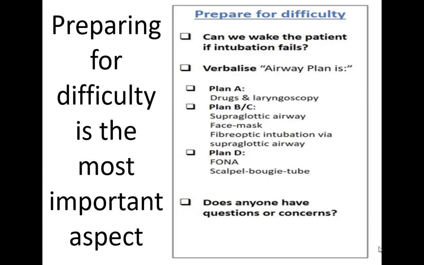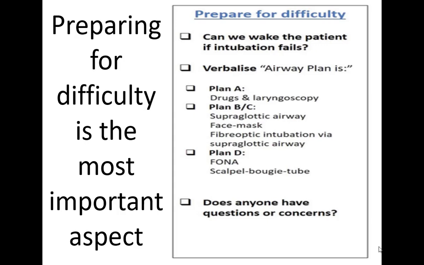So the first answer to the first question is that we can't wake up the patient, right? I mean, otherwise why would we have gone ahead and intubated this patient in the first place? And then what is important is to have a plan ready.